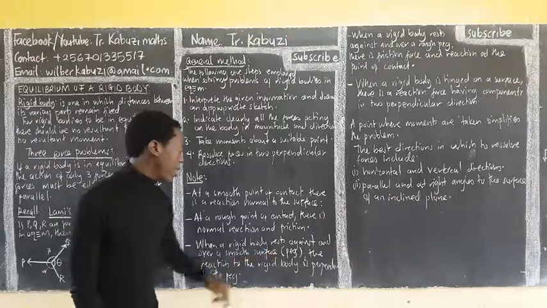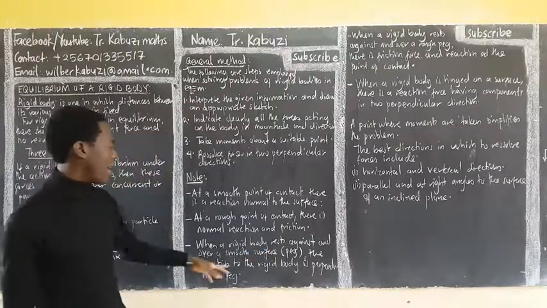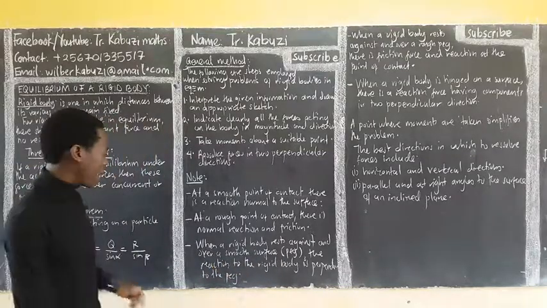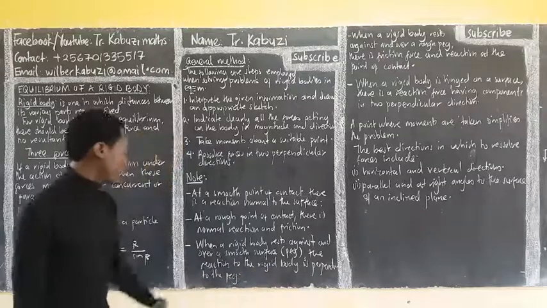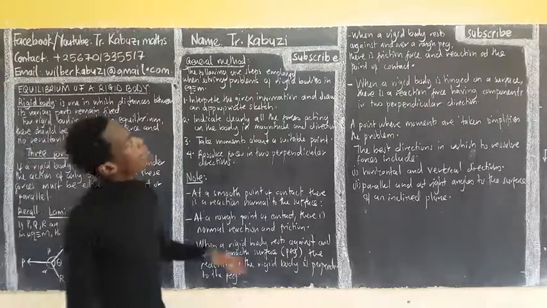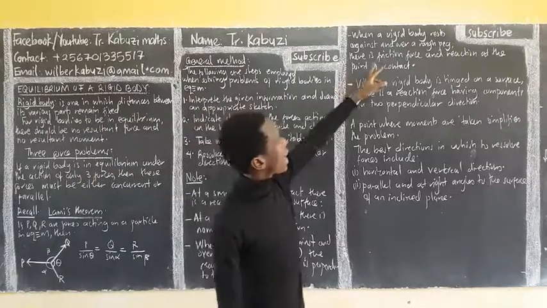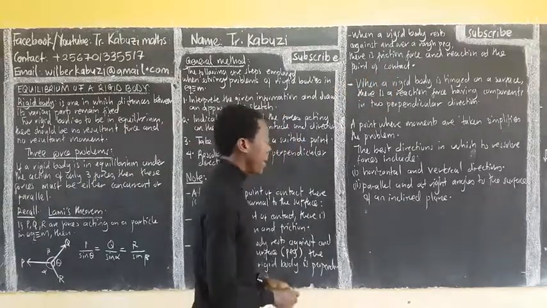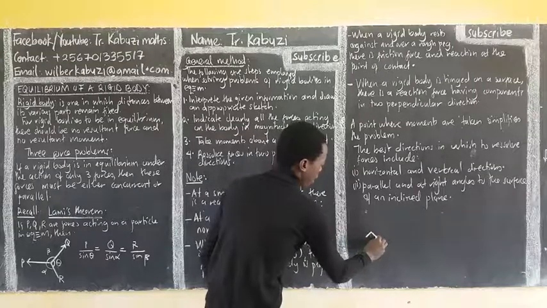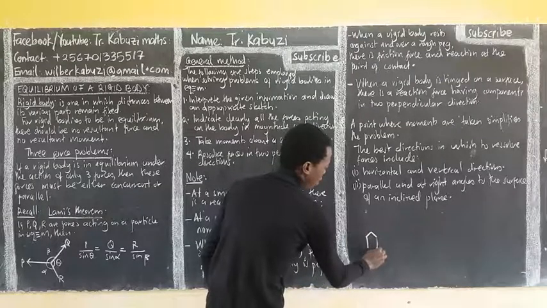When a rigid body rests against and over a peg, I think people know a peg. I'm going to show you in the next lesson what a peg is. The reaction on the rigid body is perpendicular to the peg. When the rigid body rests against and over a rough peg, a peg looks like this. This is how a peg looks, or an edge.